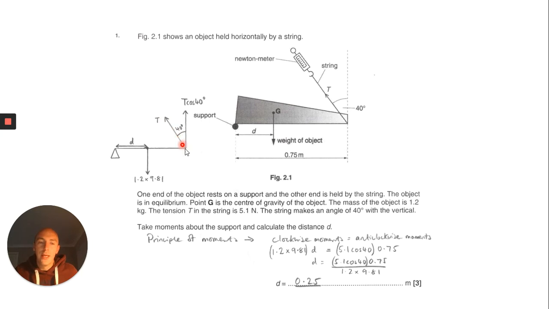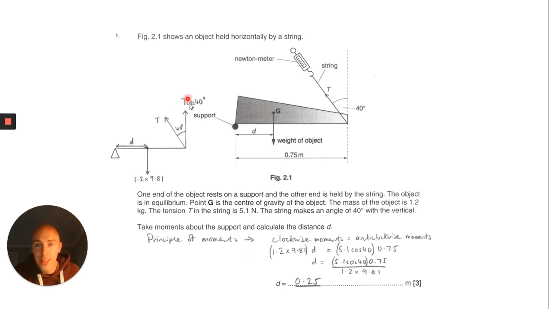The value of T, which is the 5.1 newtons, is the hypotenuse of the triangle. So we're going to be thinking SOHCAHTOA. This is the adjacent side we work out. So cos 40 equals adjacent over hypotenuse, so cos 40 times the hypotenuse will give us the length of that side.